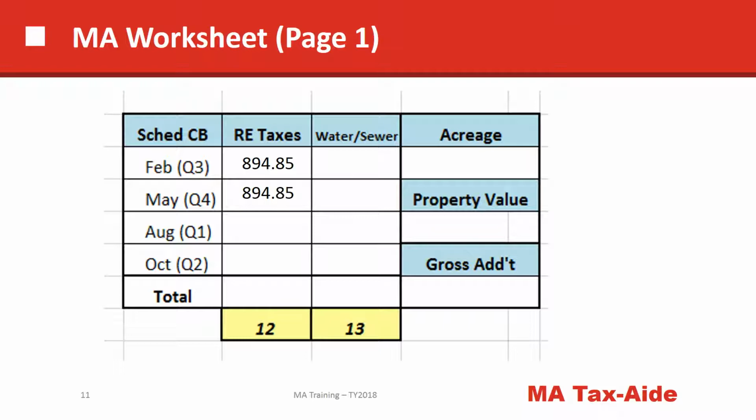Remember, fiscal 2019 bills, we actually pay those in August and October of 2018. So he brings in the preliminary bill as well for fiscal 2019, again, which is paid in 2018, and that's $905.15. He brings in his water and sewer, and typically we find either 2 or 4 bills a year.